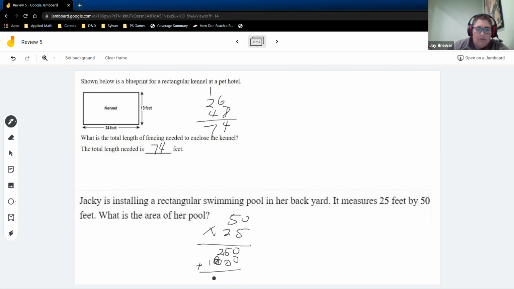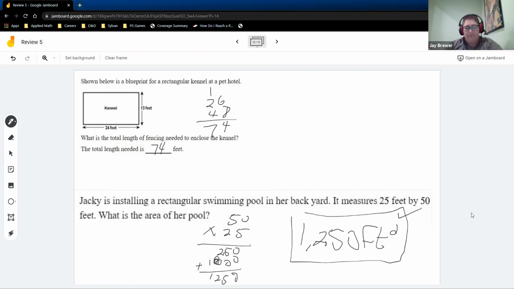So then you get a total of 1,250 feet squared. Very large pool, very expensive. Okay. All right, that is that.